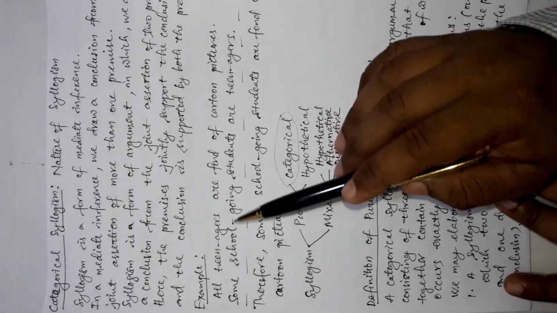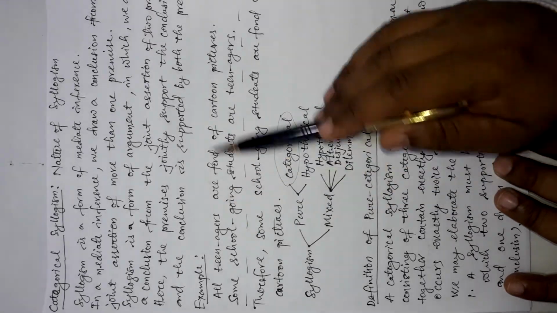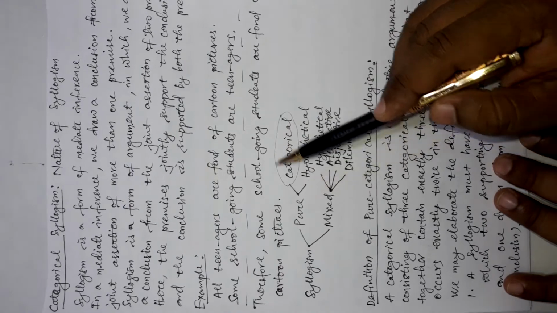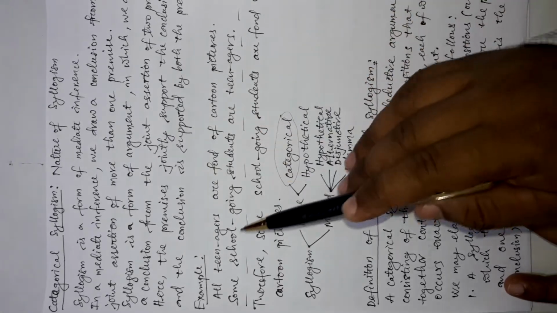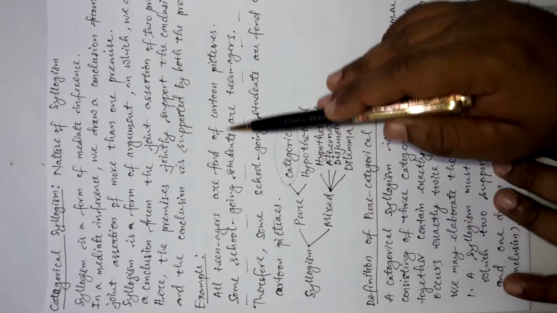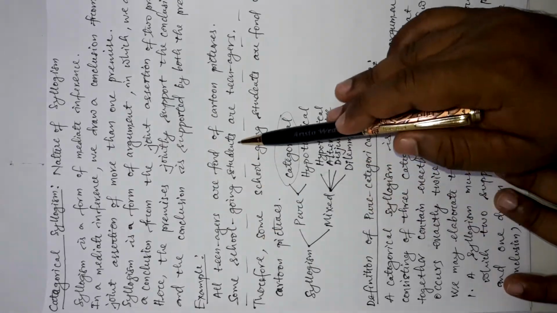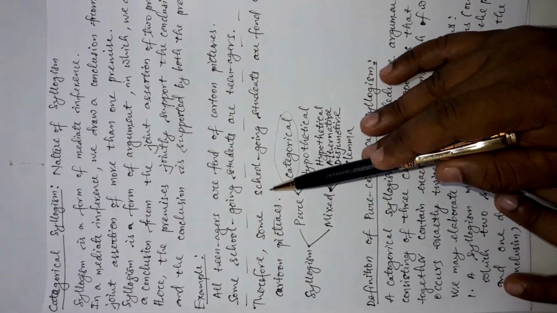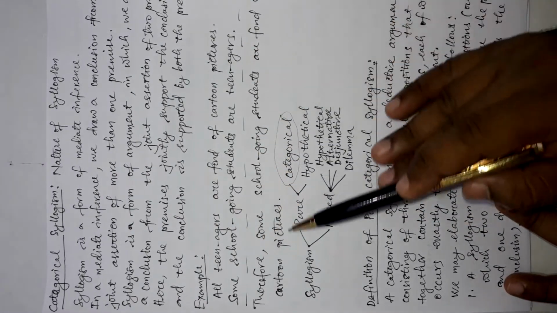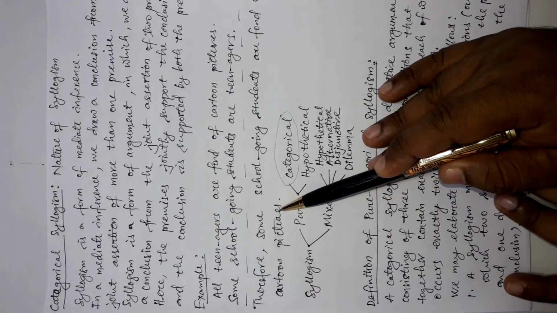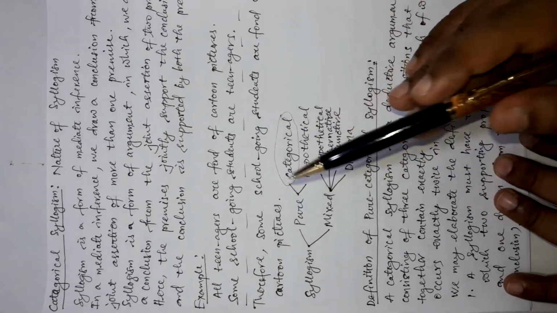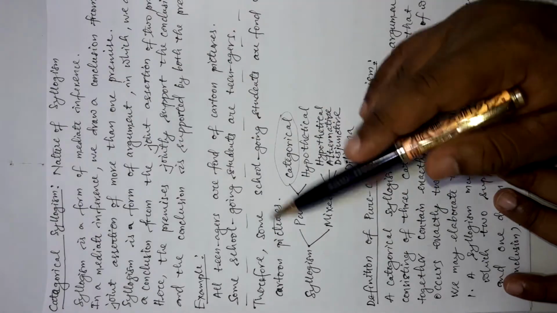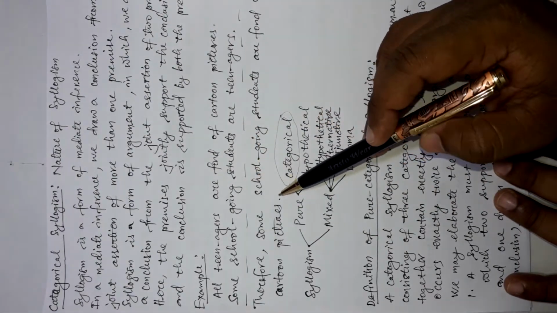And you can see only these three terms are used in all the propositions here: teenagers, cartoon pictures, school going students, teenagers, and in the last conclusion, school going students and cartoon pictures. So, these three terms are the only ones used in these three statements.